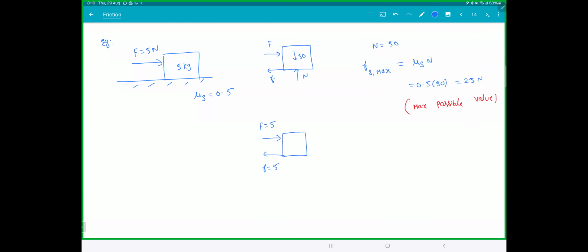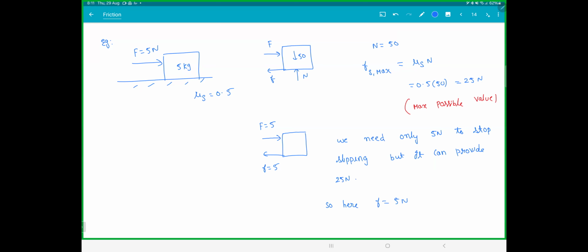We need only 5 newtons to stop slipping. It can provide 25 newtons, but here friction is 5 newtons.